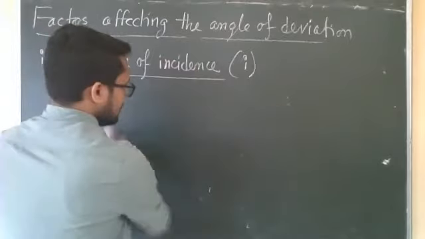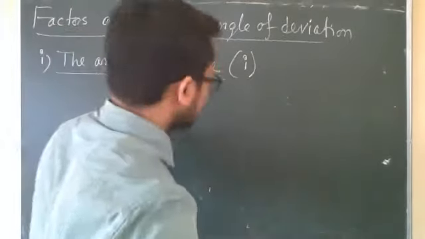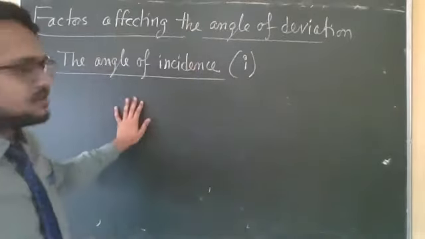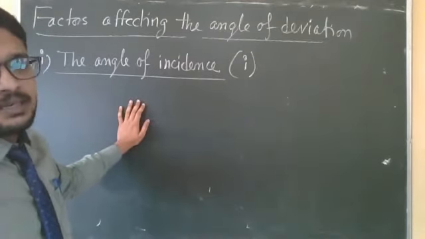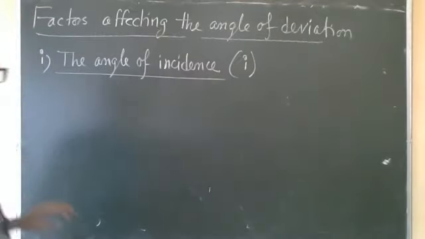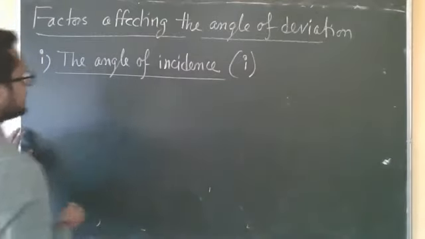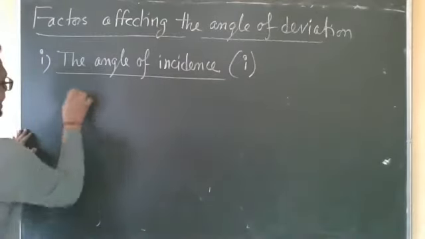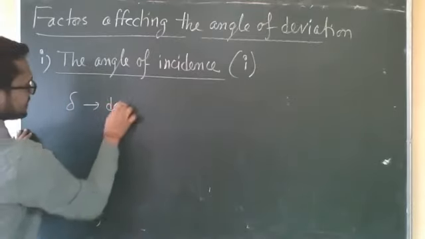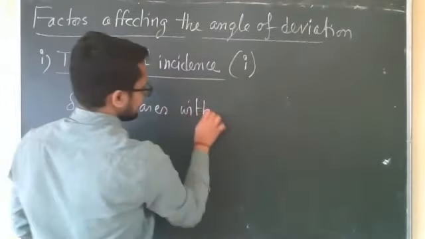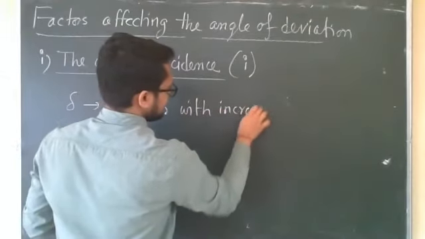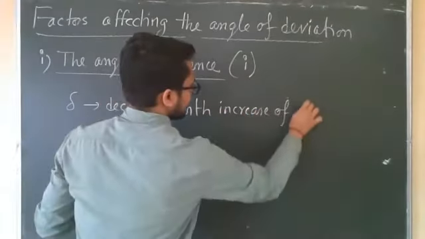So this one we cannot explain mathematically, it will be very difficult to explain. We can explain it from experimental fact. From experimental fact we can see that delta, the angle of deviation, decreases with increase of angle of incidence.